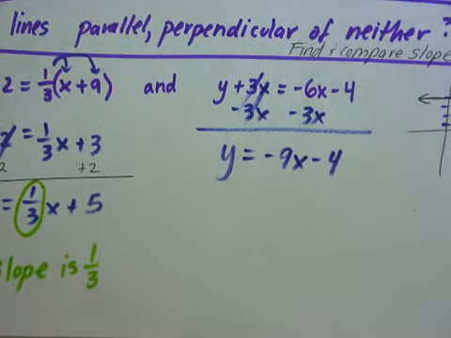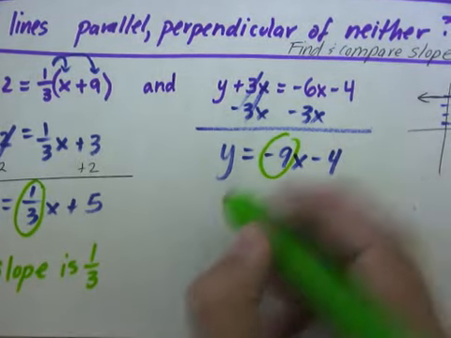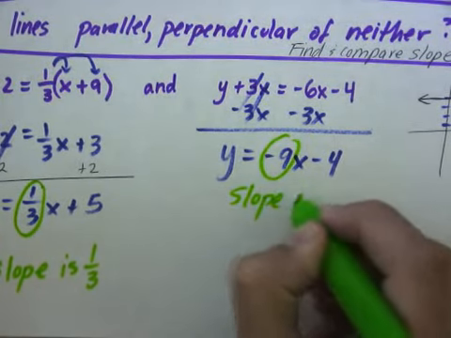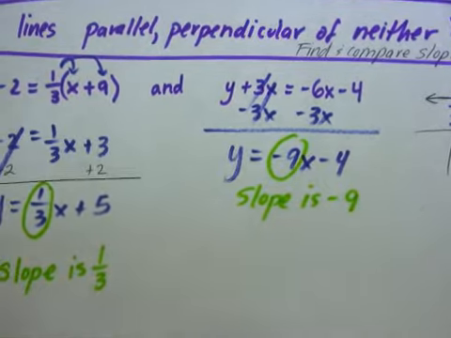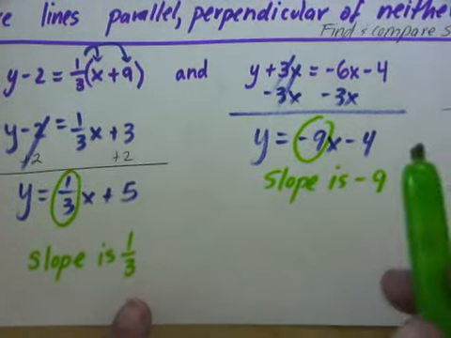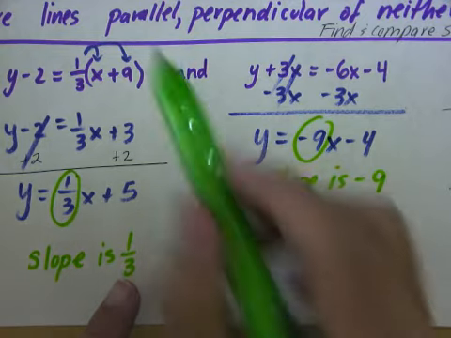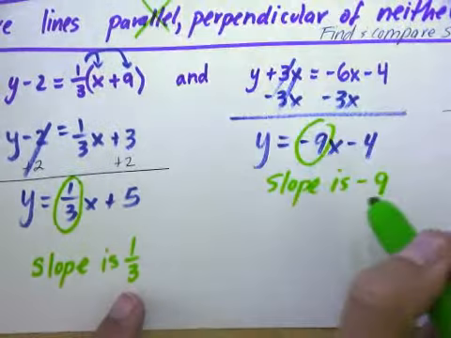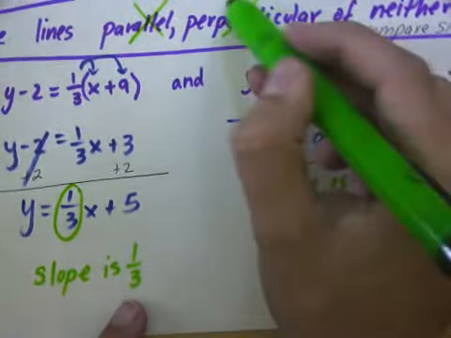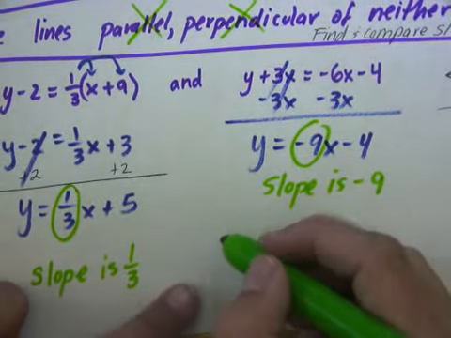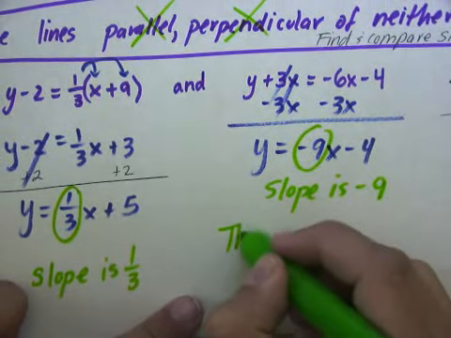Again, all I want to take from this is the slope. So the slope is -9, and if I compare these two, well, they're not even opposites. One's positive, one's negative, but they're not the same, so they're not parallel. They're not opposite reciprocals.